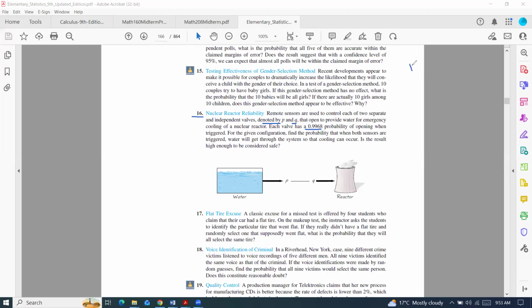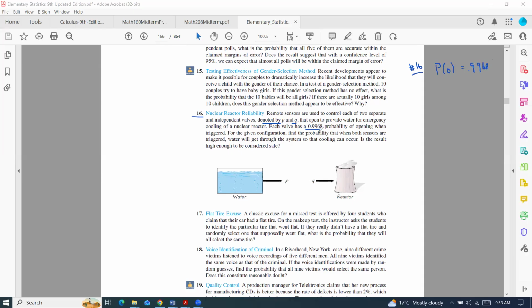So in exercise 16, we have the probability that something is going to be opened, not the reactor or the valve, and this is 0.9968, a pretty high chance, which is good, but it's still not 100%.